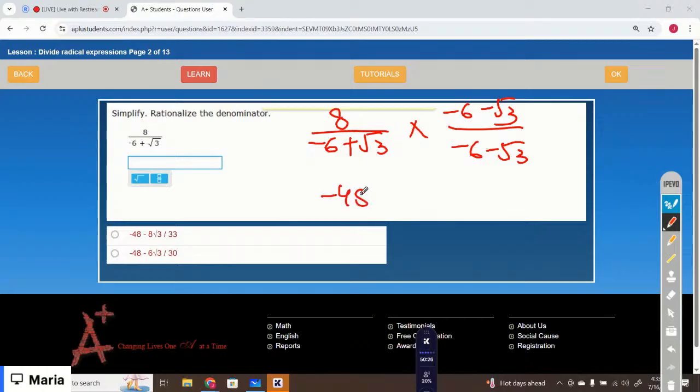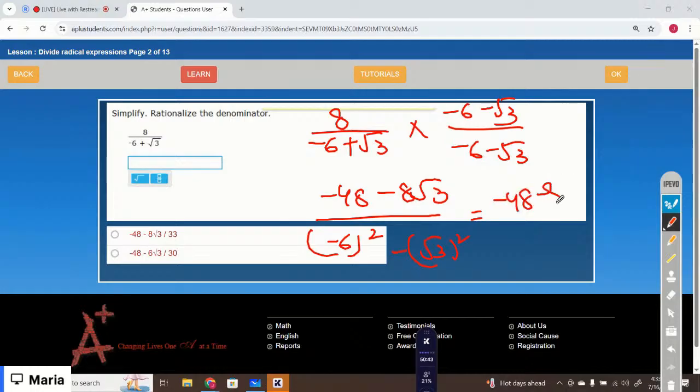Eight times negative 6 is negative 48, minus 8 square root 3, divided by negative 6 squared minus square root 3 squared.